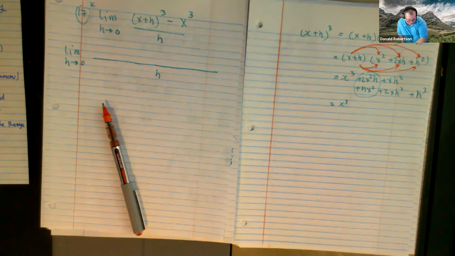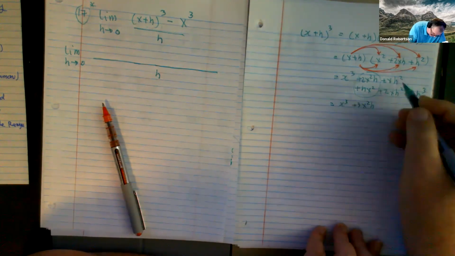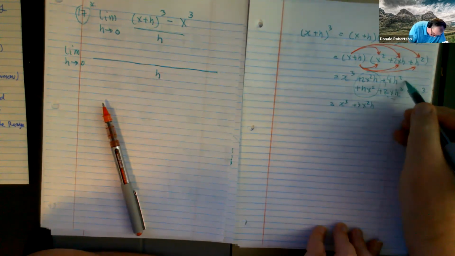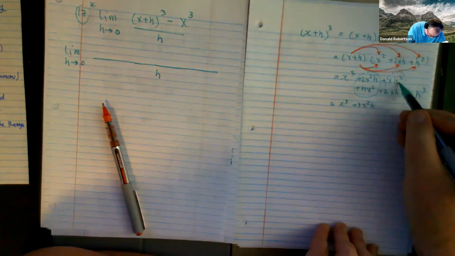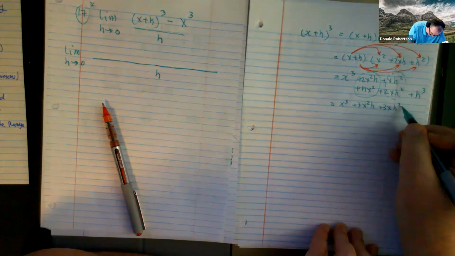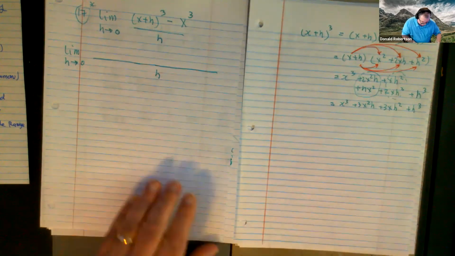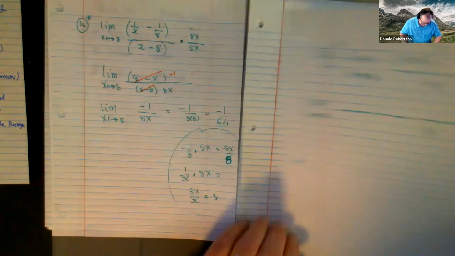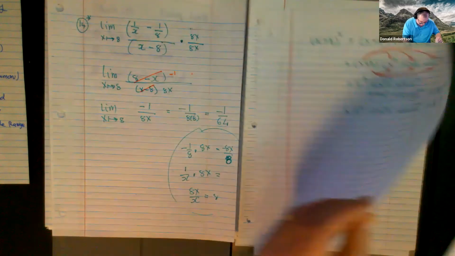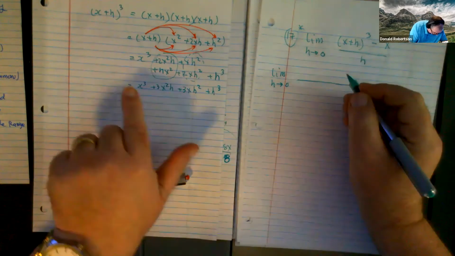Isn't a 2x squared h and an hx squared just another way of saying 3x squared h? So what you get is 3 of these guys. And aren't these guys also like terms? You've got an x of this and 2x of that, so you're going to get 3 of those guys. And then you've got that guy. So we can now return here, switching places, and this guy is all of this.